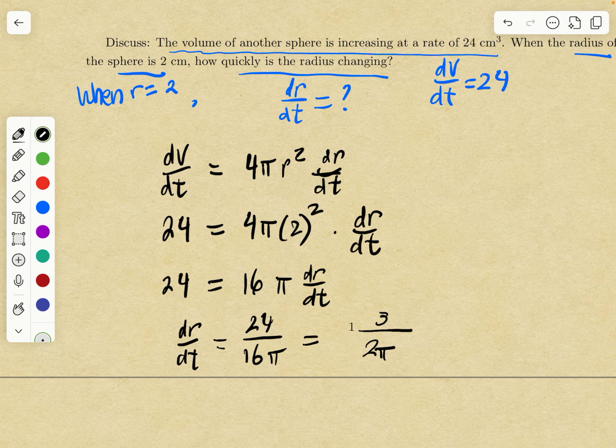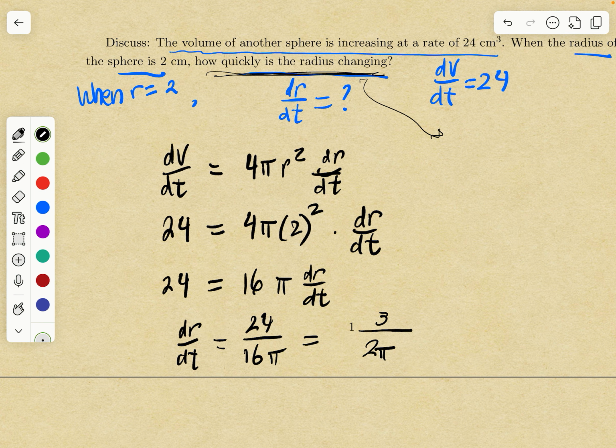So let's make sure that we don't just circle this and call it a day, because the question was asking, how quickly is the radius changing? If someone had just asked you how fast is the radius changing, and you just said 3 over 2 pi, that doesn't make any sense.